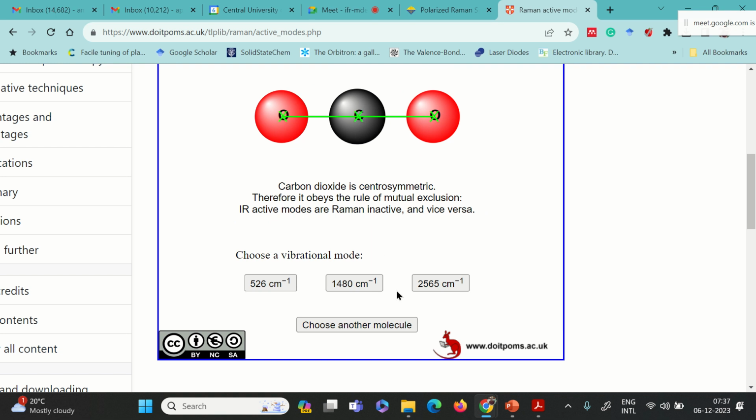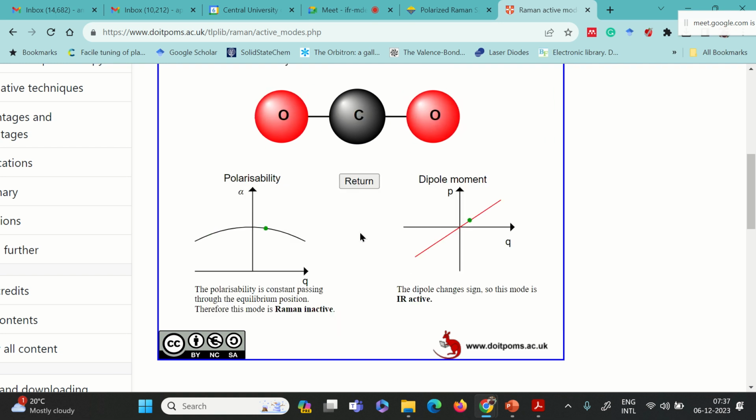Then the final one, the asymmetric stretching. Again look at how the polarizability changes: close to the equilibrium position, when you draw the slope, you get 0, it is flat near the mean position. Whereas the dipole moment gives you a positive slope. So it is IR active but not Raman active. This is your basic reason.